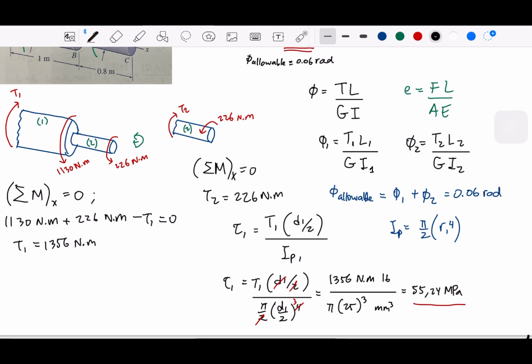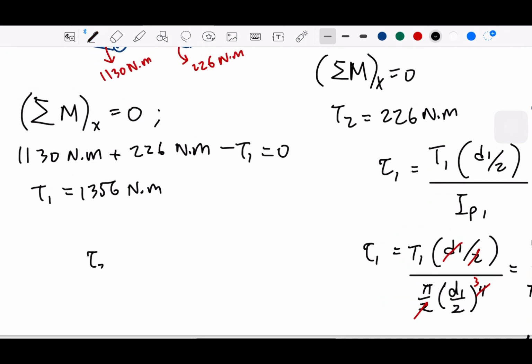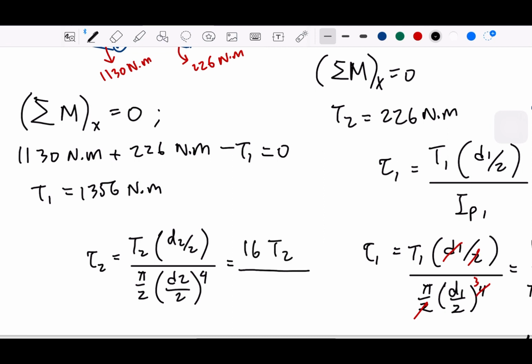Now do the same thing with the second shear stress, the material 2, and we get similar relations with different information. So pi over 2, d2 over 2 power of 4. So we get this is 16 d2 and pi d2 cube.